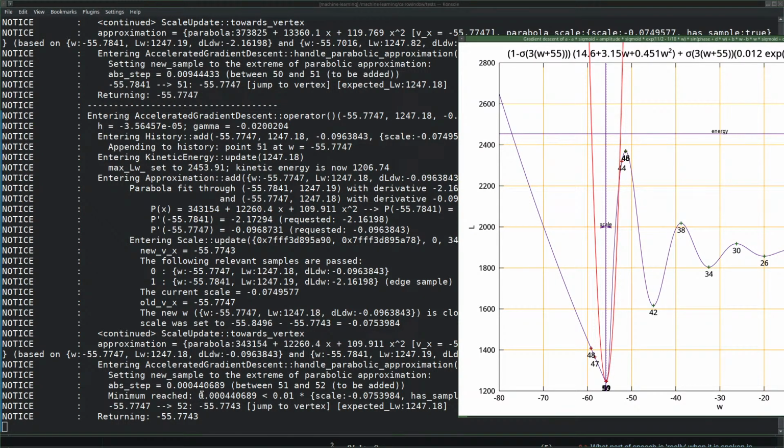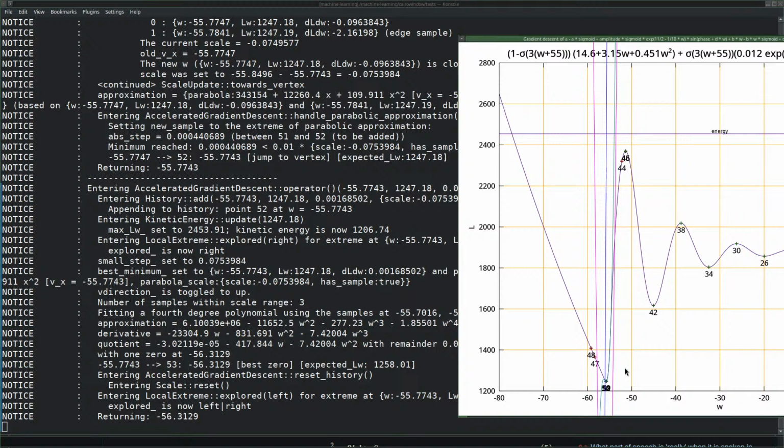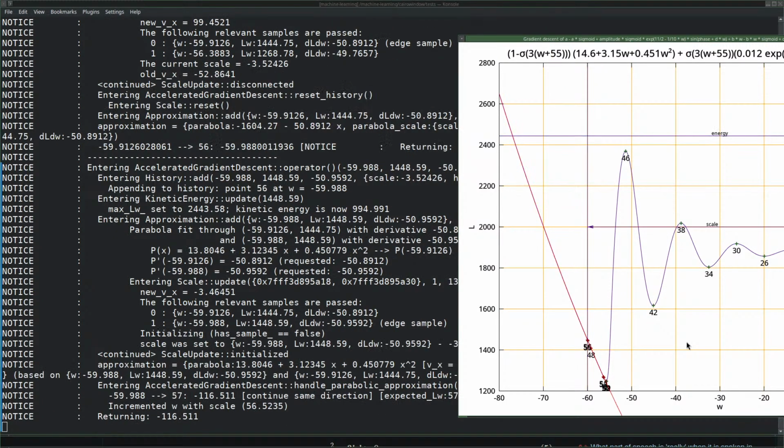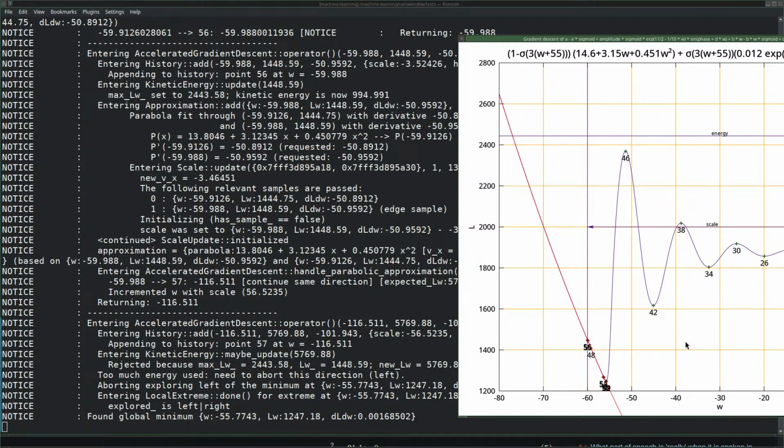Minimum reached. Holy fast. This is working much better than I had expected. No. There we are.